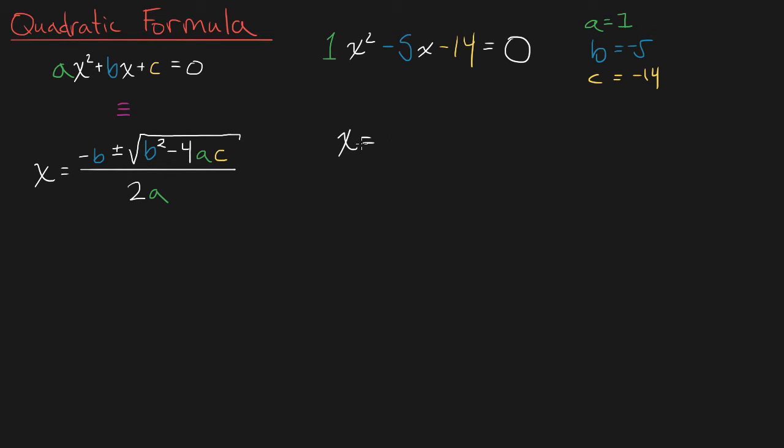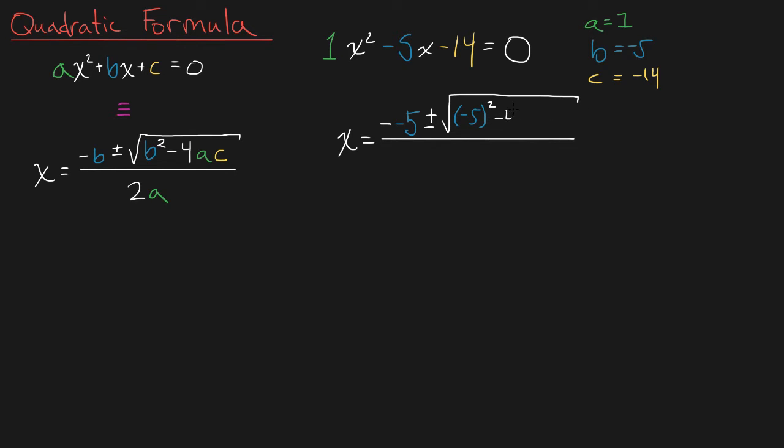So the quadratic formula is x is equal to -b, so negative, and then my b is -5, so -5, plus or minus the square root of b squared, so (-5) squared, and I'll put the -5 in parentheses there just so we can keep the negative straight. So b squared, and then subtract 4 times a times c.